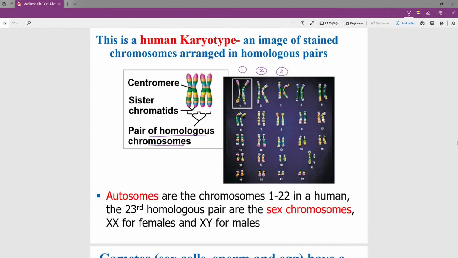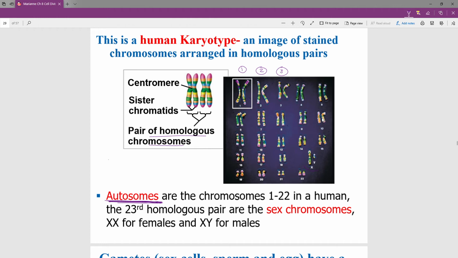They're matched in their centromere location and their loci, what they're coding for. And you can see that's what's trying to be illustrated here with the coloring. And so these homologous pairs are lined up from biggest to smallest, and we'd get 22 autosomal chromosomes, and those code for everything about you other than your biological sex.